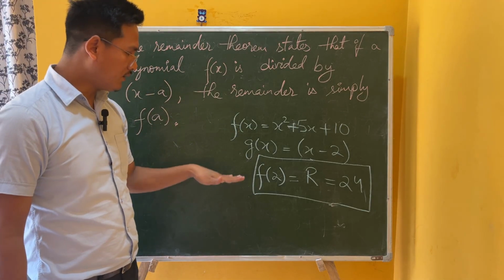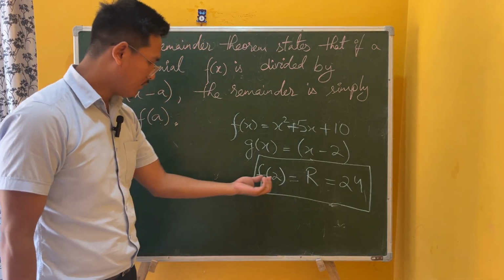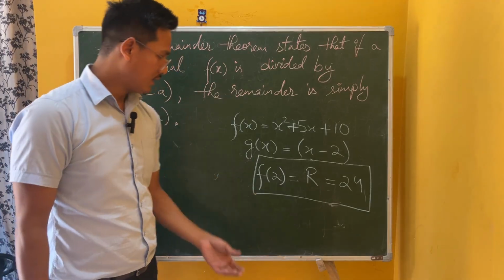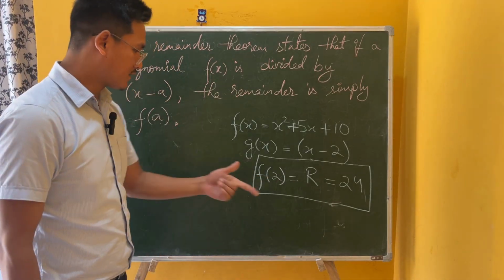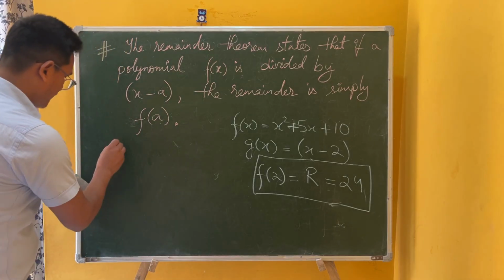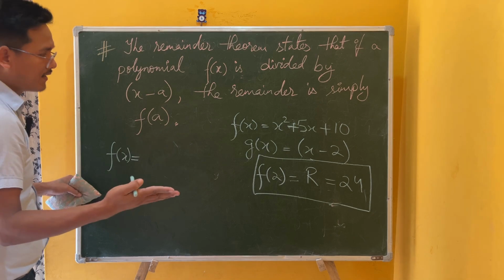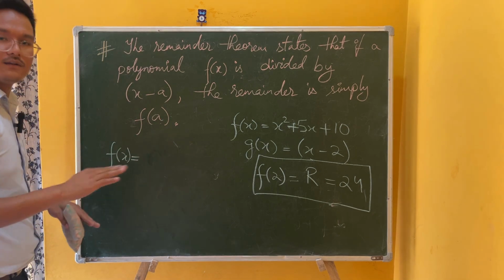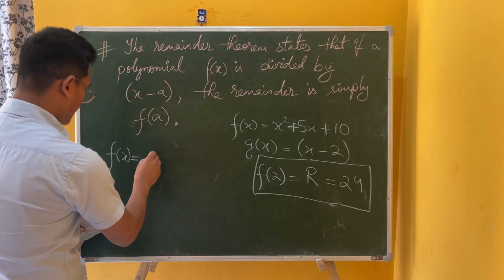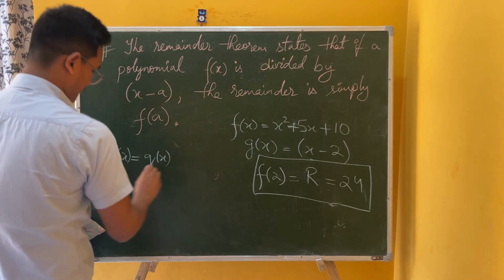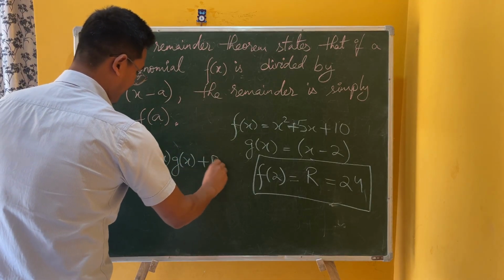But if you want to understand how this happened, how directly we are getting this value as a remainder, this comes from the division algorithm, which I discussed earlier. It states that if there is a polynomial and you have a divisor g(x), the relation between dividend, divisor, quotient and remainder is q(x) into g(x), the divisor, plus remainder.